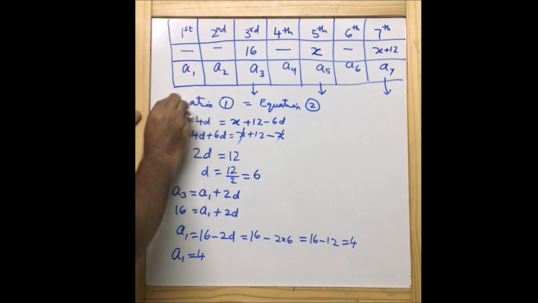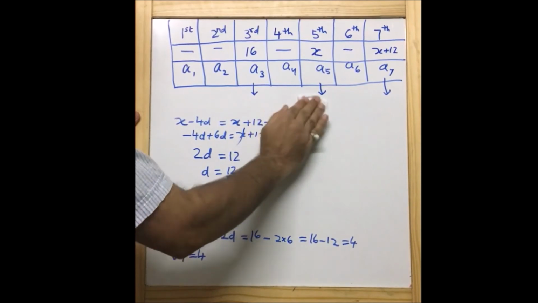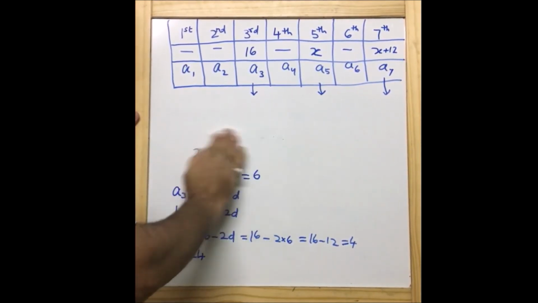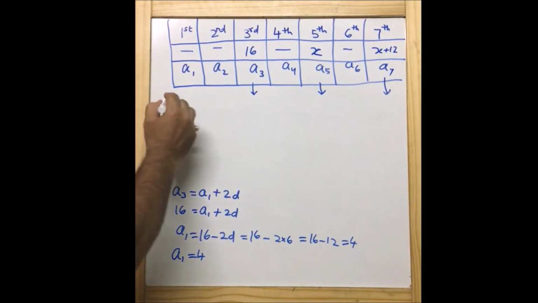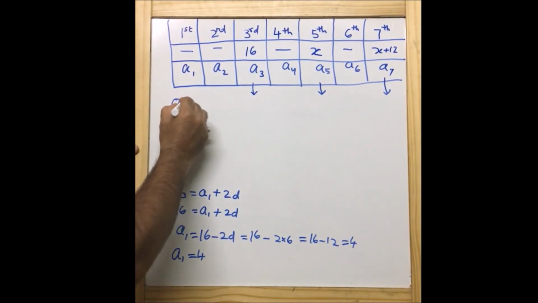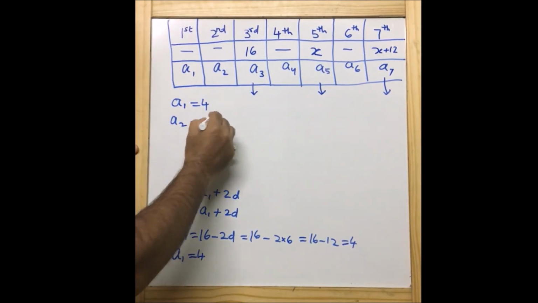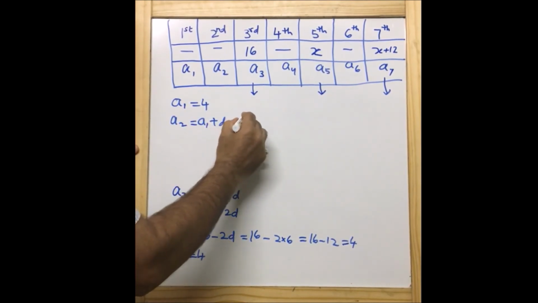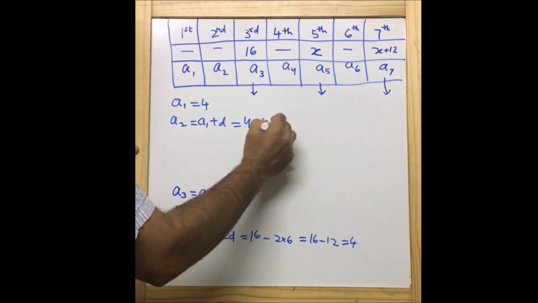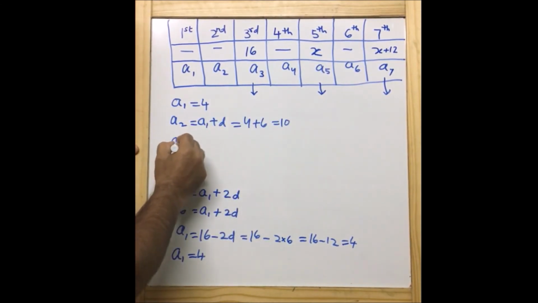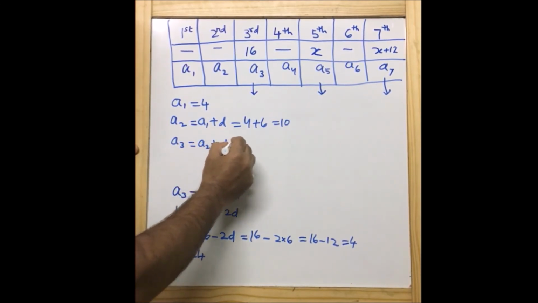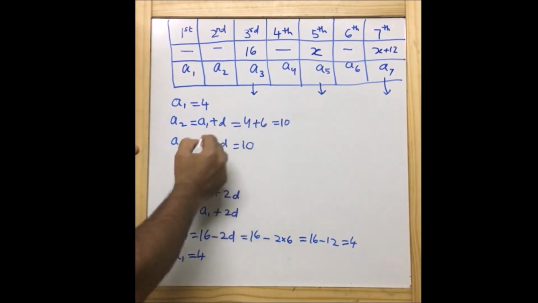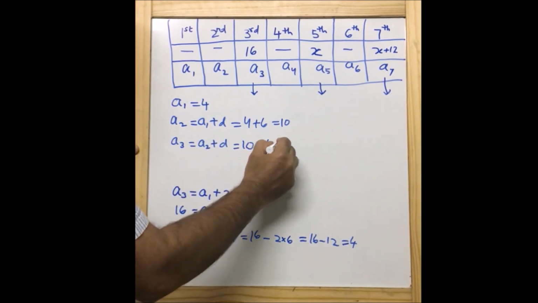Now we know the value of A1 and we know the value of D. So A1 is equal to 4, A2 is equal to A1 plus D, that is 4 plus 6, that is equal to 10. A3 is equal to A2 plus D, that is 10 plus 6, that is equal to 16.